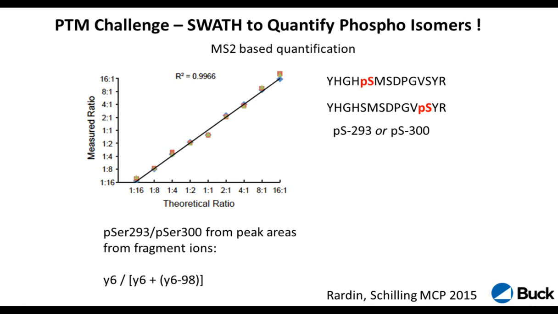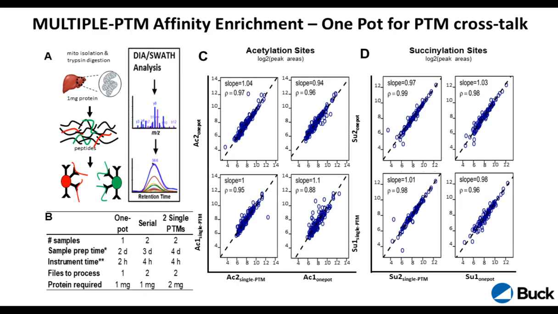At the same time, we are also combining this with a new workflow that we have recently published on. It's kind of funny, we call this the MULTIPLE-PTM Affinity Enrichment, or in the lab we call it the one-pot enrichment.